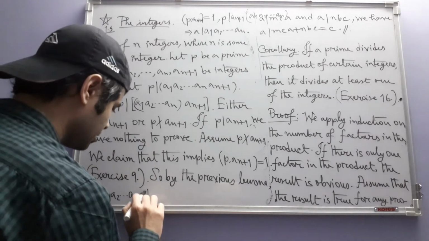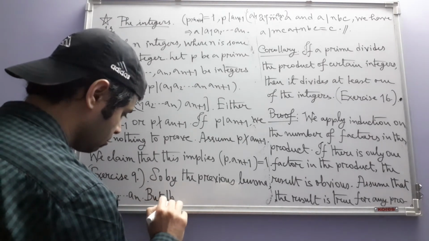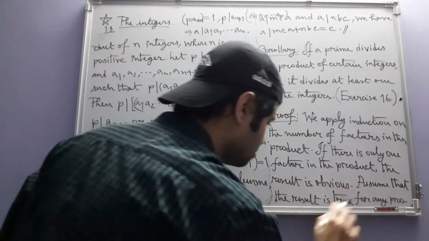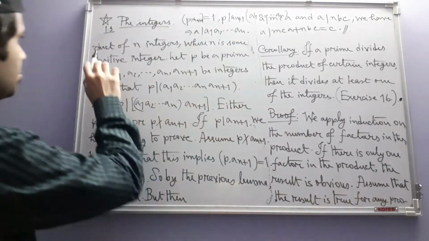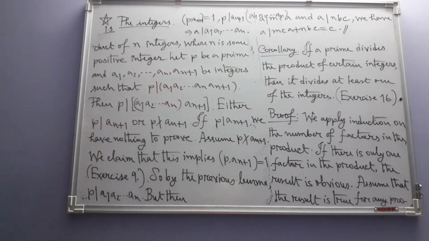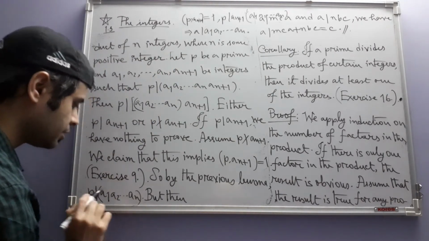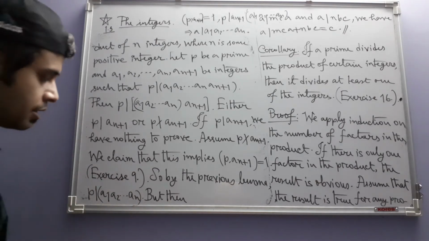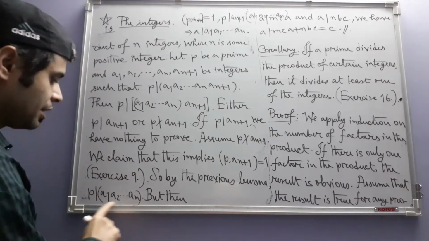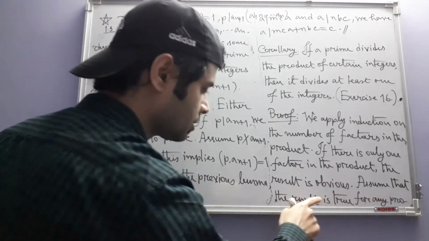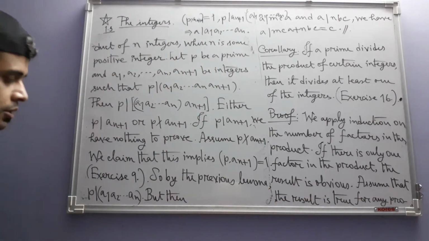Okay, but what is the induction hypothesis? Assume that the result is true for any product of n integers. So this is the product of n integers, and this is the prime that divides their product. So it has to divide at least one of them, and that's what our induction hypothesis is, that assumption.